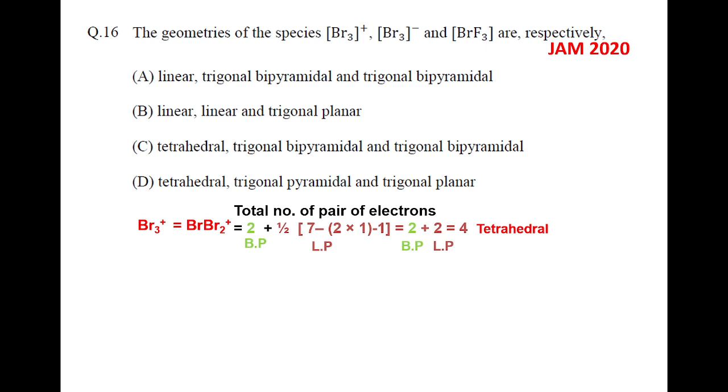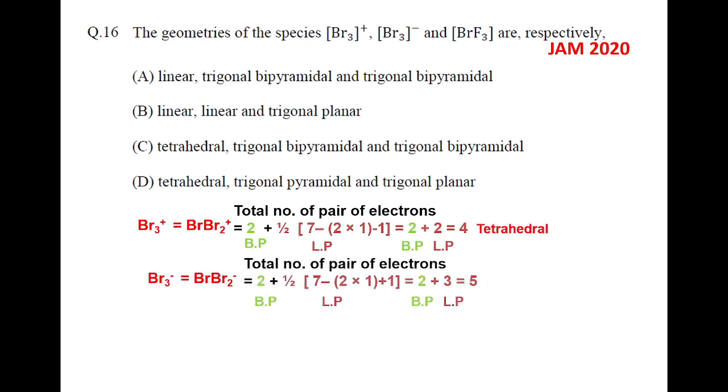Similarly, for Br3 minus, the total bond pair will be 2 and total lone pair will be 3, and the total electron pairs will be 5, and the geometry will be trigonal bipyramidal.